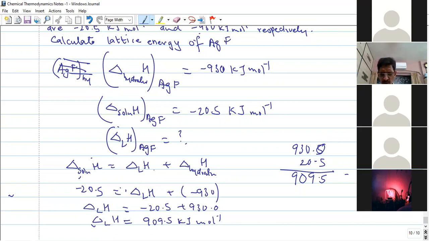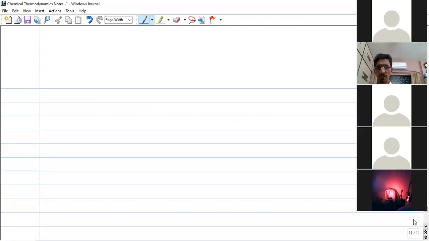Next, one sum from your textbook. Third sum, it is from the textbook, page number 89, sum number 21.